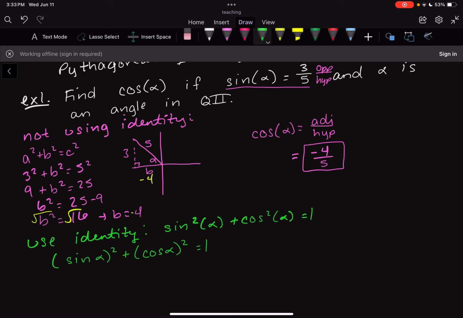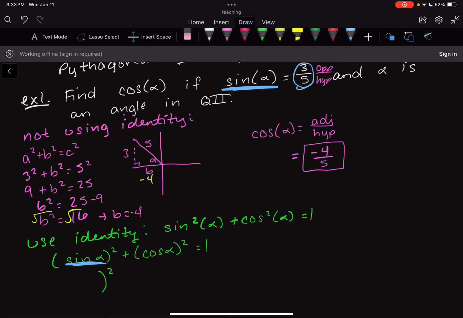And so for this one, I can just plug sine straight in. Since sine of my angle is equal to 3 over 5, I'm going to replace this whole thing with 3 over 5, and it is still being squared. Let me use another color, blue, so you can see it a little better. Be careful here.